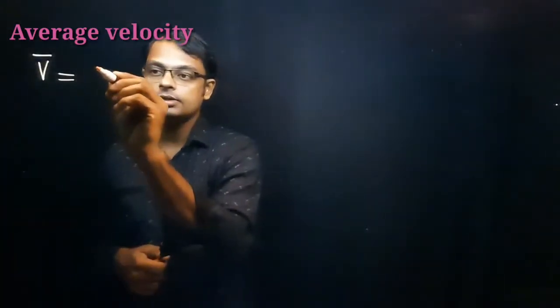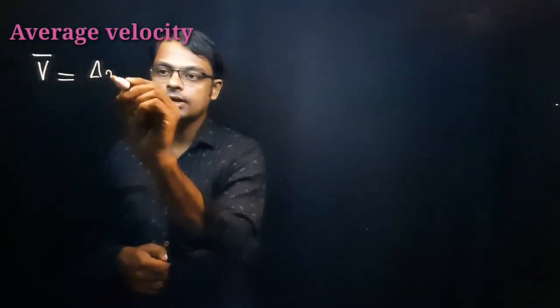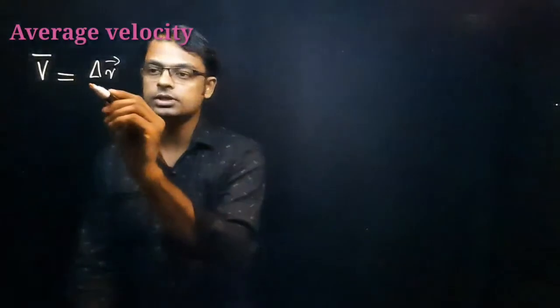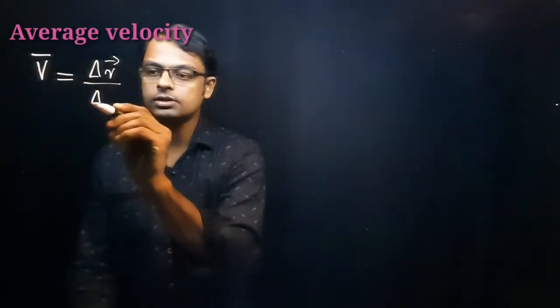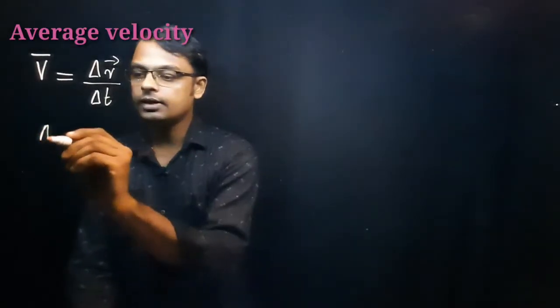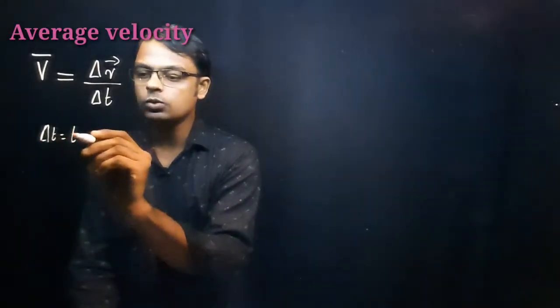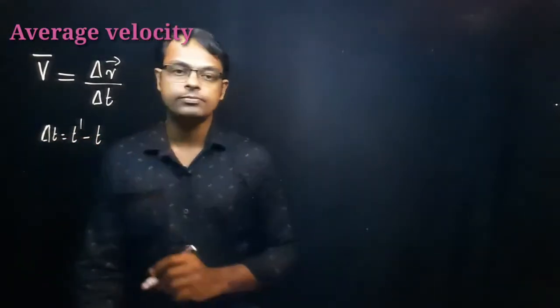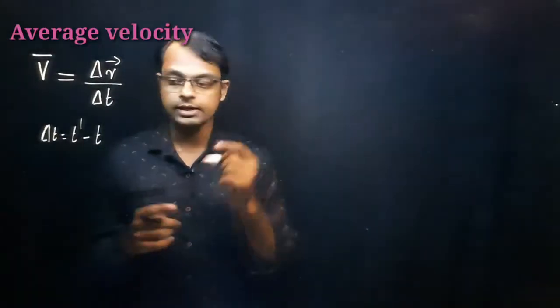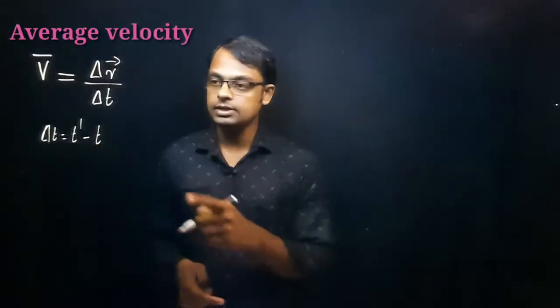So we can write the displacement as delta R vector, which we have just now discussed, divided by the time interval delta t. Here delta t is equal to t dash minus t. t dash is the time when the object reaches P dash, so t dash minus t is delta t.